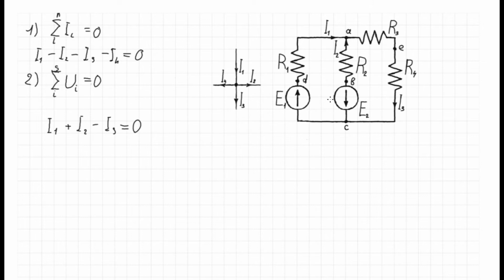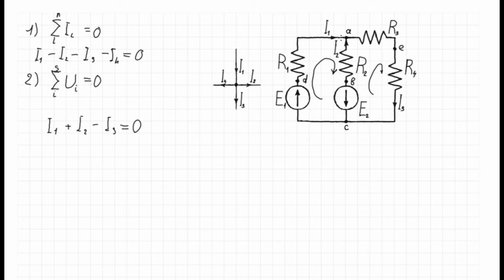Okay, and for this circuit we imagine the loop direction as clockwise. It is an arbitrary direction, and for the second loop it is clockwise too.